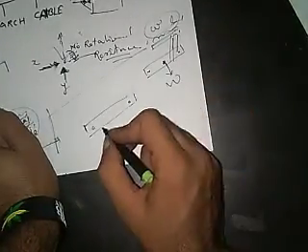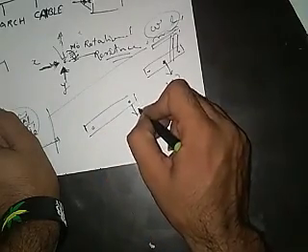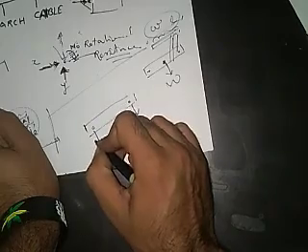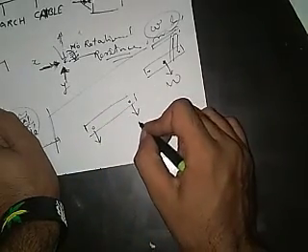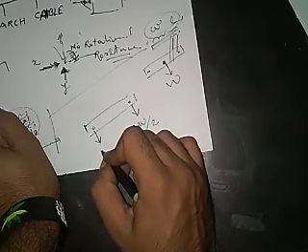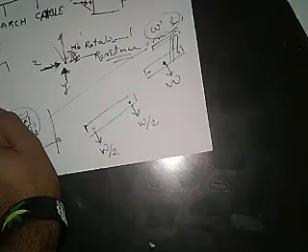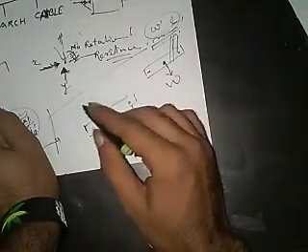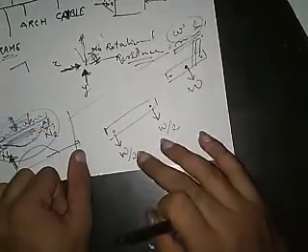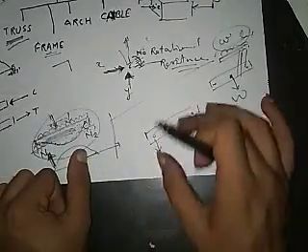But to simplify this, we assume that all the weight of this member itself will be acting on both nodes equally in the direction of gravity. Okay, so that's how we will apply our third assumption, including its self weight.